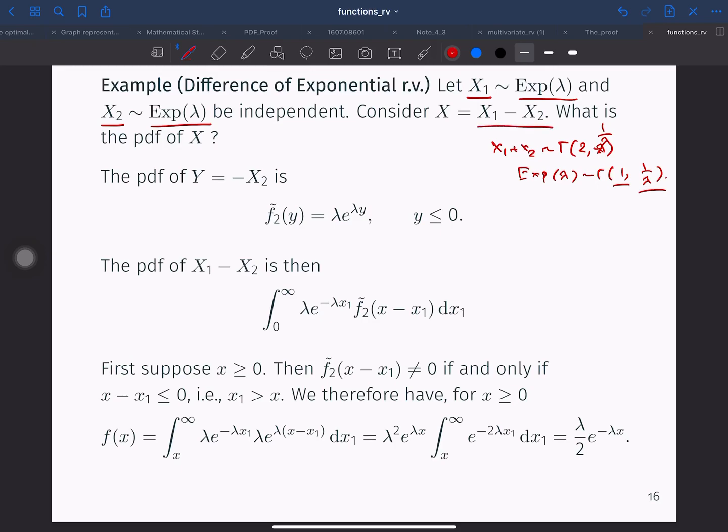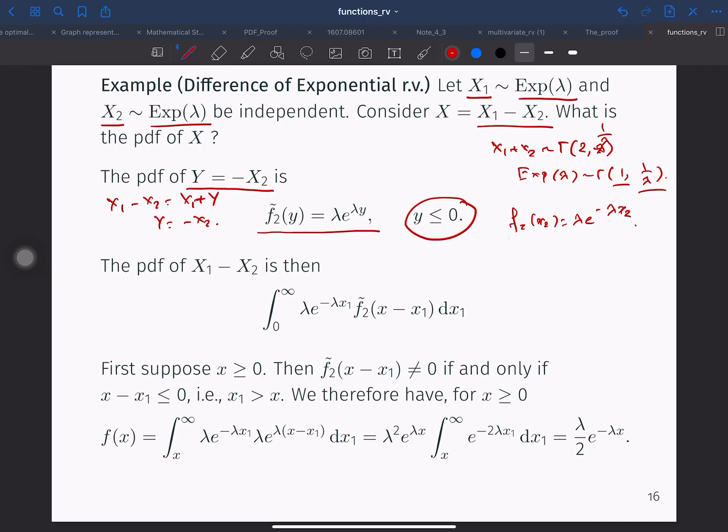Well, I can define x1 minus x2 as simply x1 plus y, where y is minus x2. So the PDF of y, which is minus x2, is simply the PDF of x2, but now where I assume that y is less than 0, because I remember f2 of x2 is lambda e to the minus lambda x2.